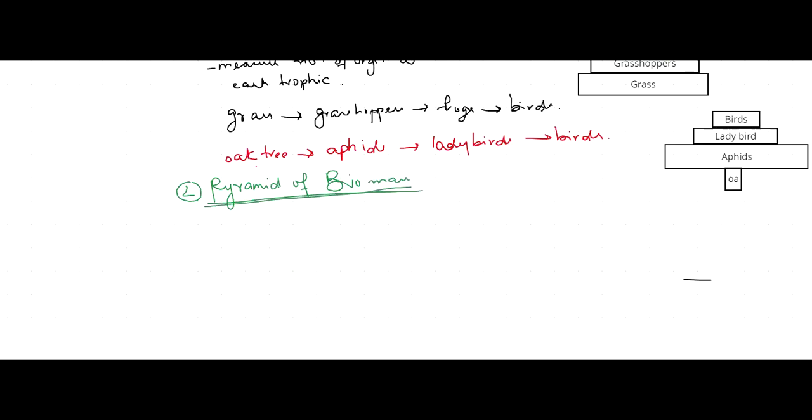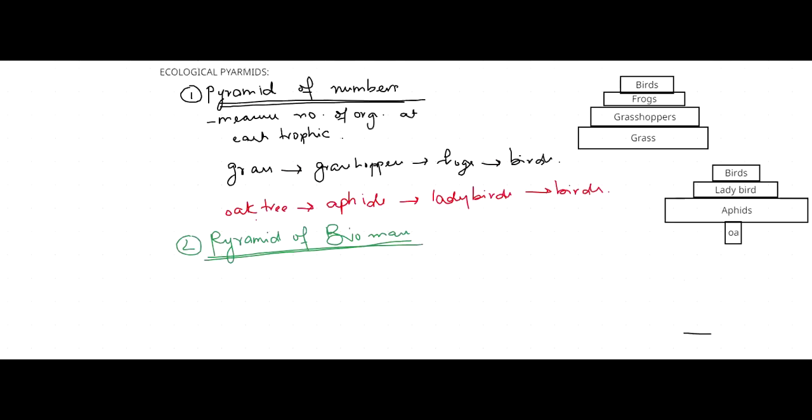Biomass is basically the dry mass of an organism. I basically take an organism and measure the total mass of the organisms in each trophic level. So I measure the total mass of the tree, the total mass of the aphids, ladybirds, birds. Once I measure the total mass of all of these, I can make a pyramid of biomass.